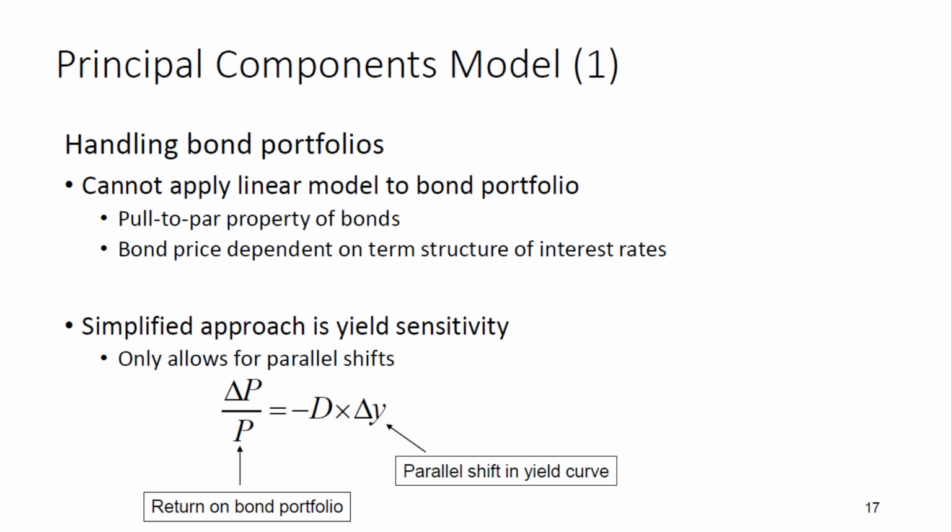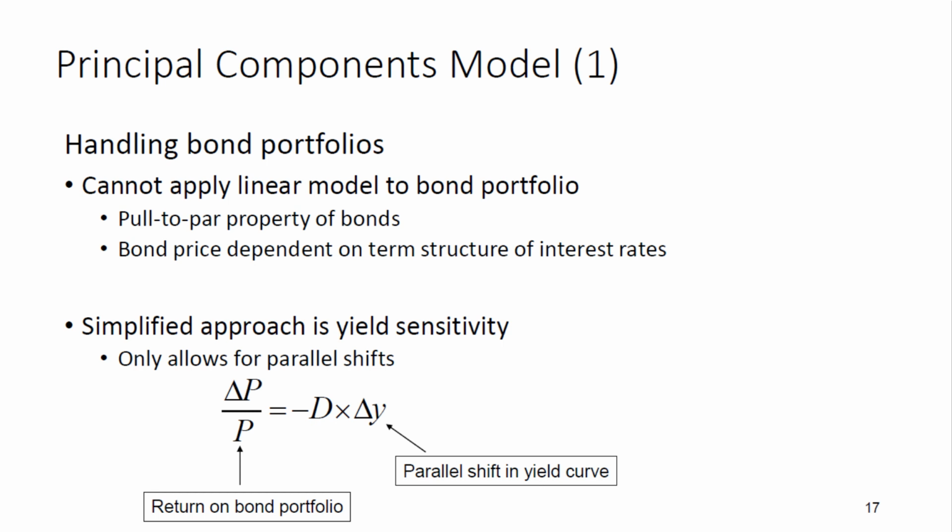Second topic for today is the handling of bond portfolios. We saw in earlier lectures that the bond price has a nonlinear relationship to the underlying yields and the underlying interest rates.